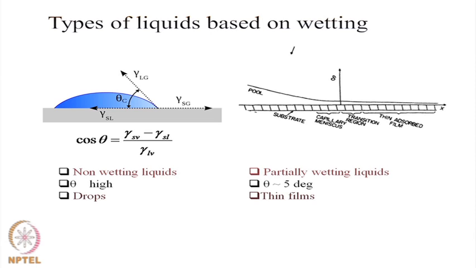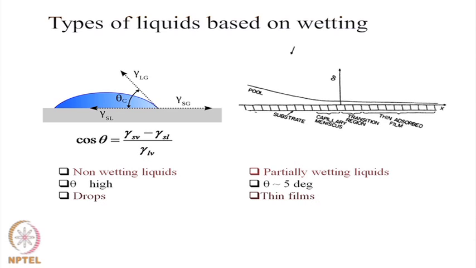So, in this figure you would see that we have a non-wetting film on the left and a wetting film on the right. The non-wetting film is characterized by the presence of a finite contact angle, and the contact angle is related to the surface energies as shown over here, gamma SV minus gamma SL divided by gamma LV.